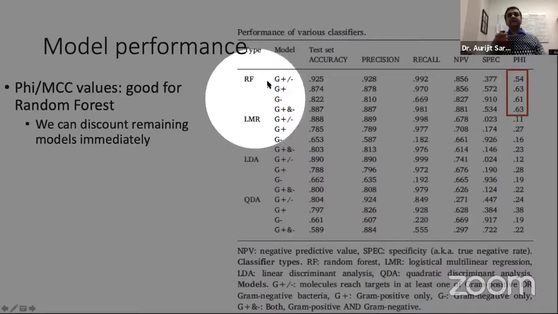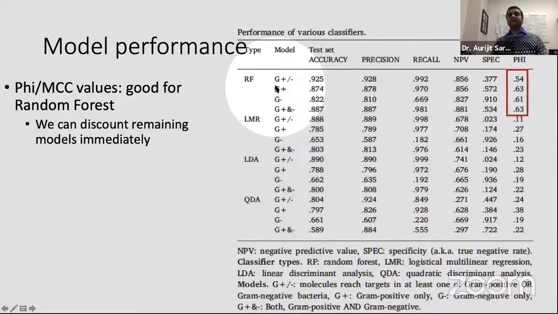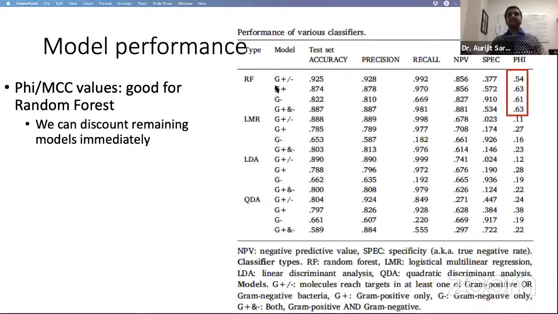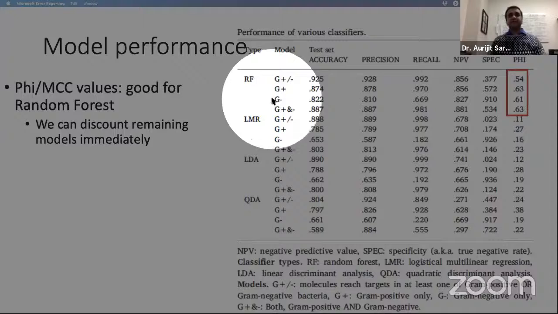And each of these methods was used to build a model for all chemicals. So either they penetrate or fail to penetrate both gram positives and gram negatives, or actually either. A separate model was built for gram positives, a separate model for gram negatives, and one separate model for chemicals that will penetrate both.